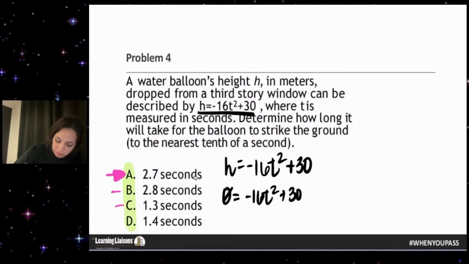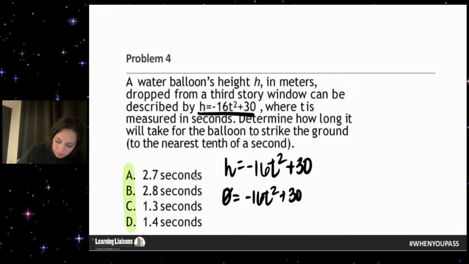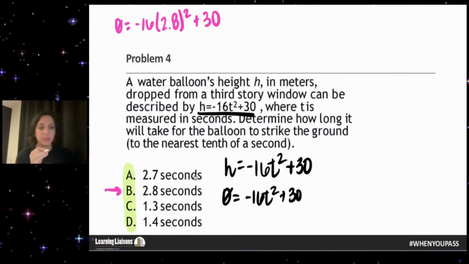So zero equals -16 times 2.8 squared plus 30. 2.8 times 2.8, 7.84 times -16 is -125.44 plus 30.